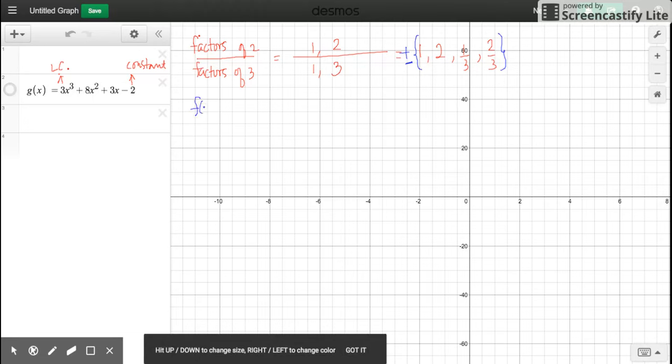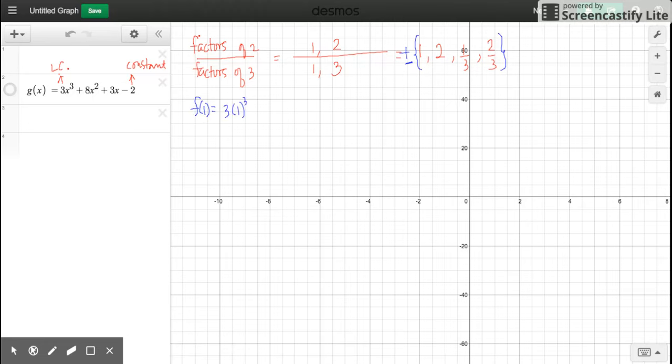I'm going to start with f of 1. See if f of 1 is a 0. So we'll have 3 times 1 cubed plus 8 times 1 squared plus 3 times 1 minus 2.